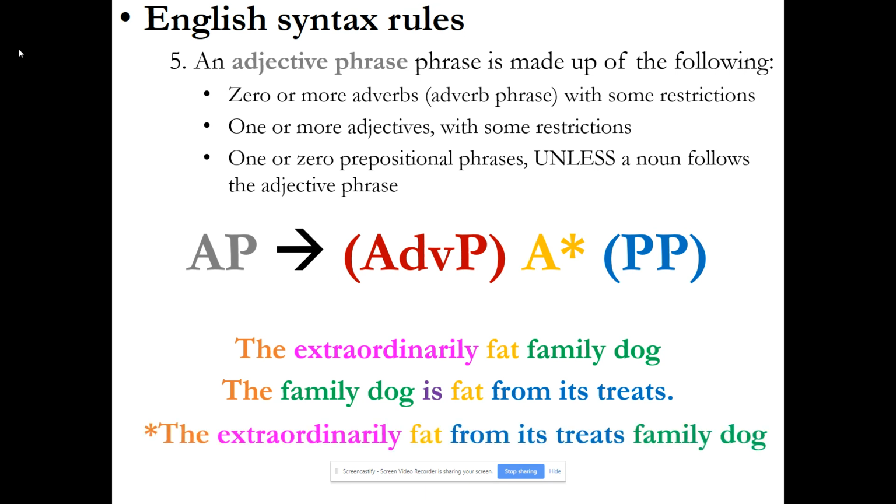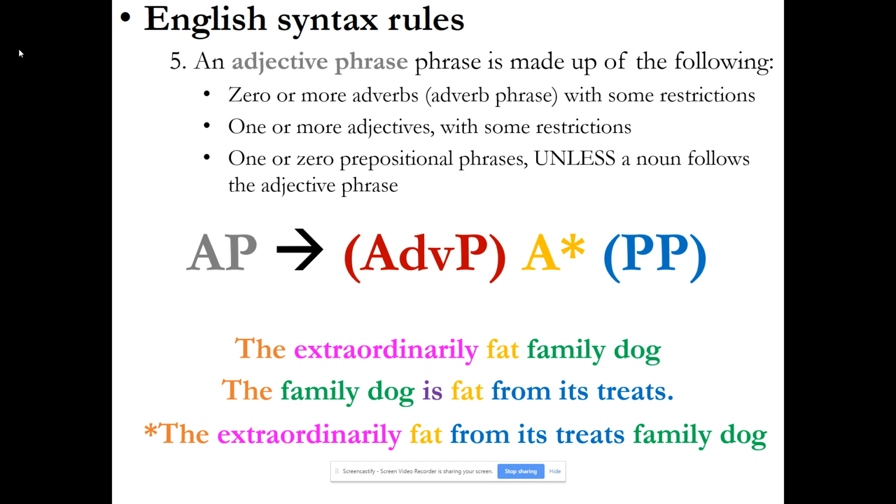Now, here's an example. When I said a moment ago, on that third bullet point, you can't have a prepositional phrase at the end of an adjective phrase if a noun comes after. Look at this last sentence.